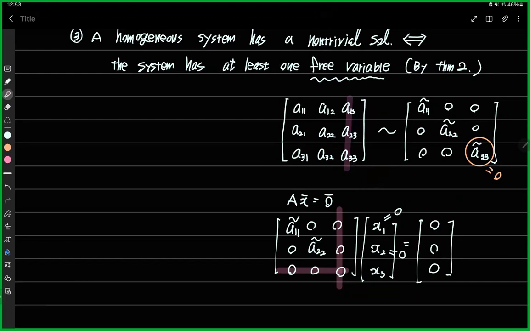Then reducing to row echelon form, REF, we get this, and let's say A33 equals 0. That's what it means, right? So the third column is not a pivot column.